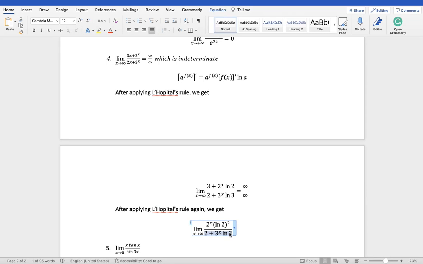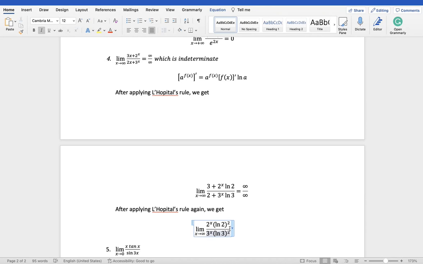Wouldn't it be 3 to the exponent x? Sorry, go ahead. It's 3 to the exponent x ln 3 squared. Exactly, right? So 3 to the exponent x ln 3 squared.